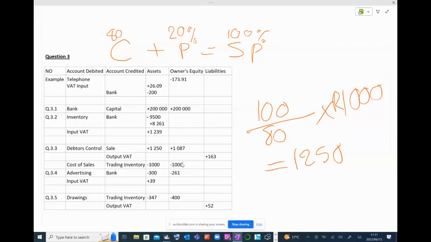Yeah, 1.2 for what? Oh, yes, guys, it should be 1.2 for this. Because it's 20% of 1,000. Guys, what's happening? Are you calculating this stuff?